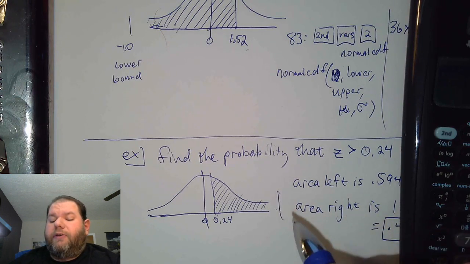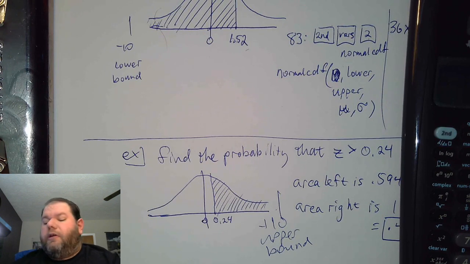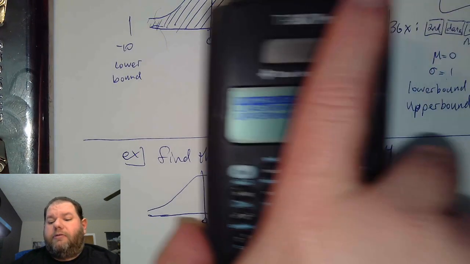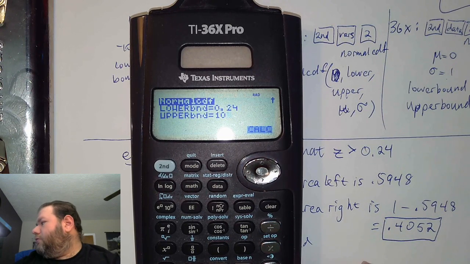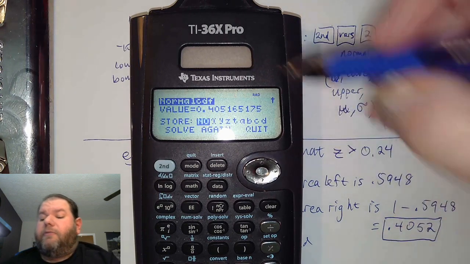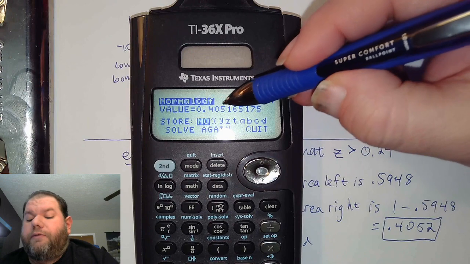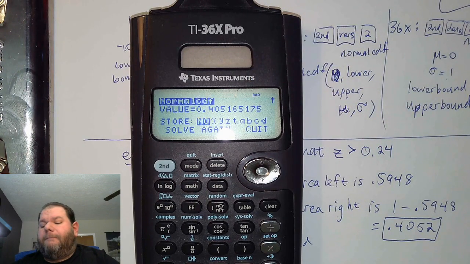Where it ends, we could say is positive 10. So we'll use a lower bound of 0.24 and an upper bound of 10. Notice it gives us the same result, 0.4052, if we go to 4 decimal places.